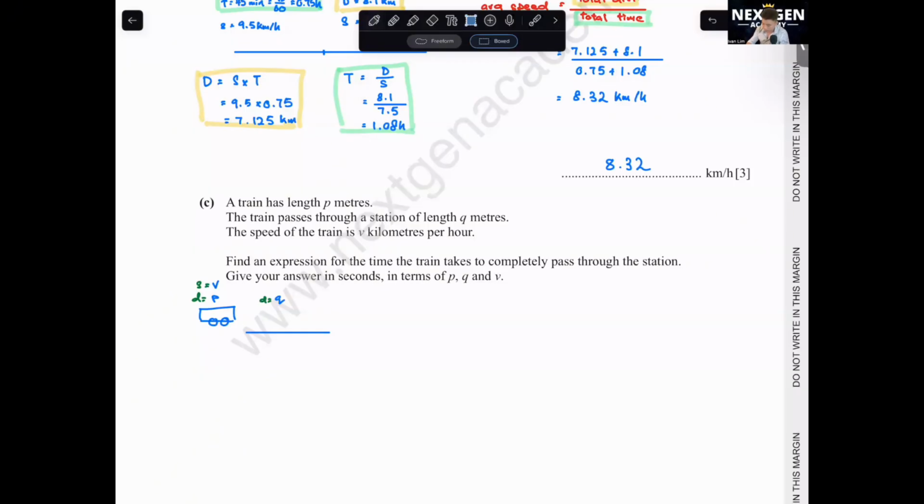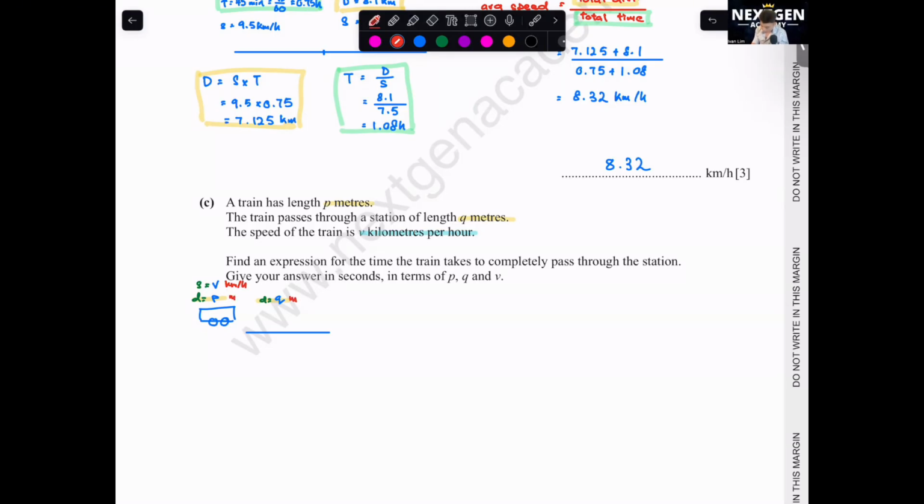So the total distance, and here also they are testing you on units. First one is P meters, Q meters. So these two are in meters. For the final answer, you look at the unit: this is V kilometers per hour. So let me write here, kilometers per hour. This one is meters, this one is meters.